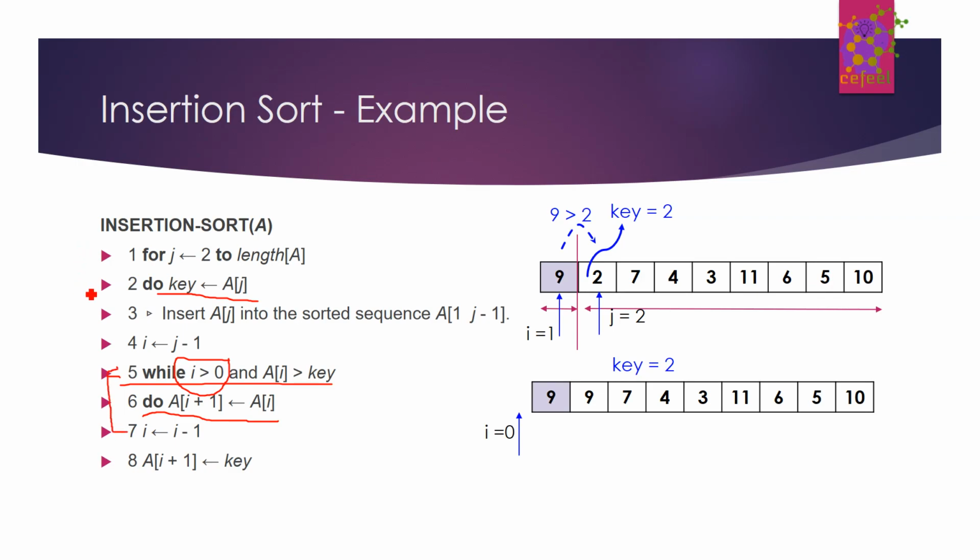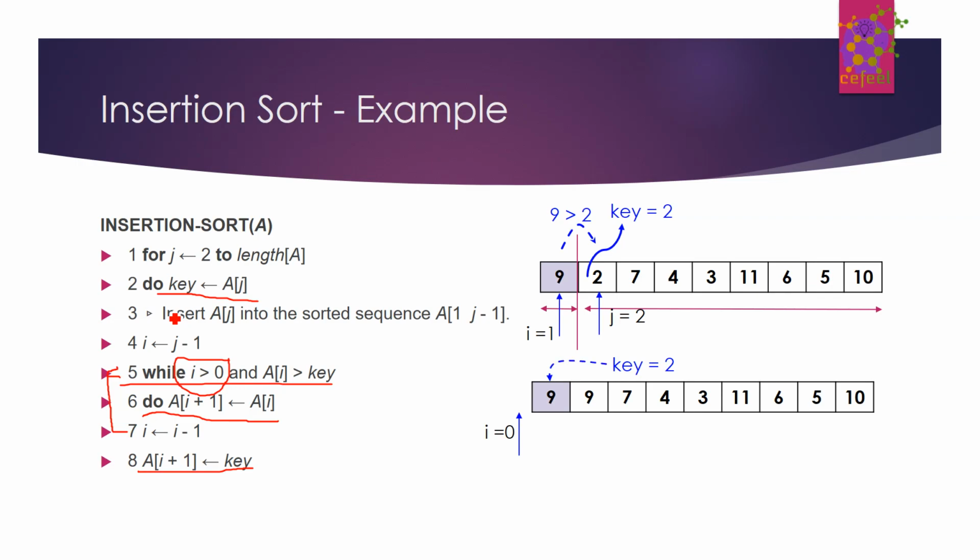So we are already done. In other words, the item 2 has found its place, because we have compared all the elements in our sorted list. What we do now is copy the key to A[i+1], which means we replace A[1] with key.